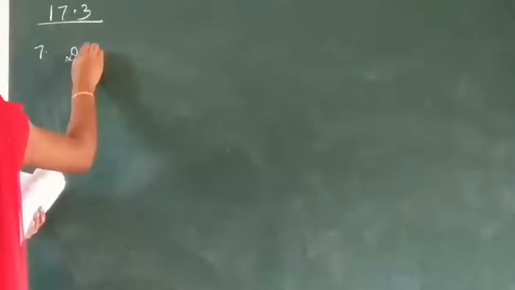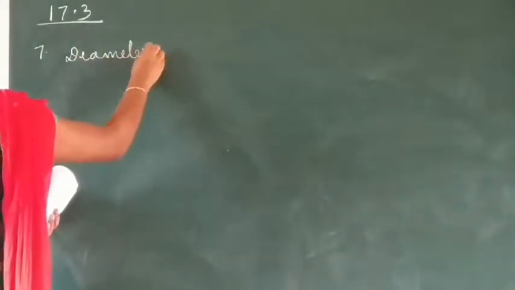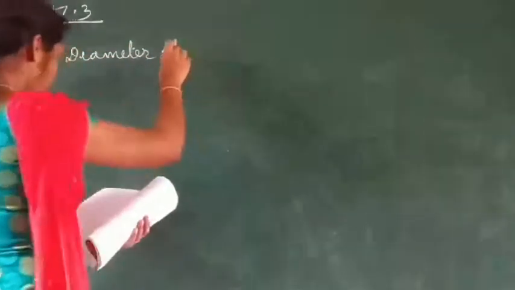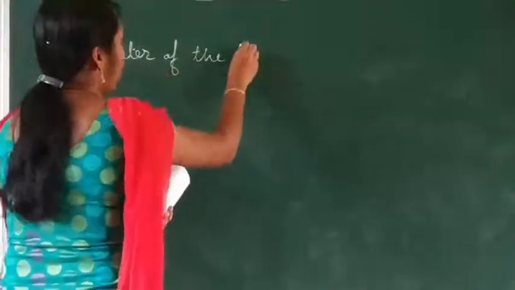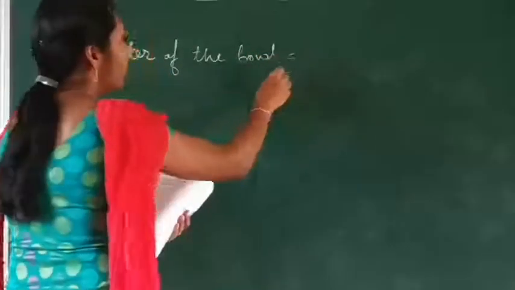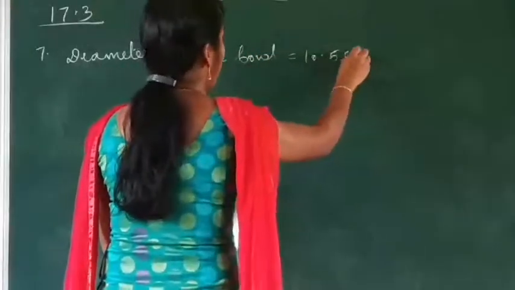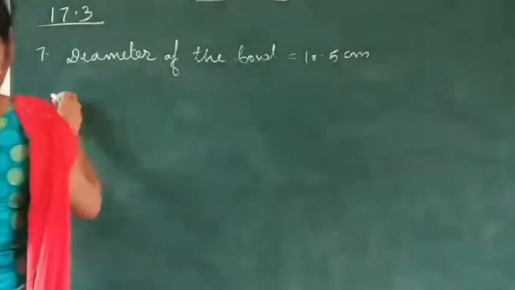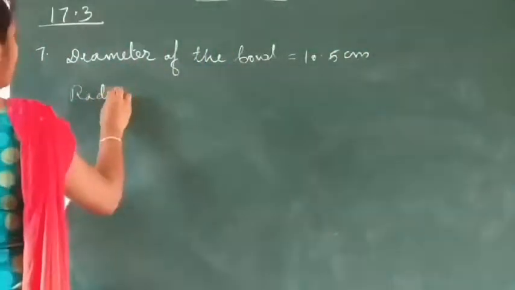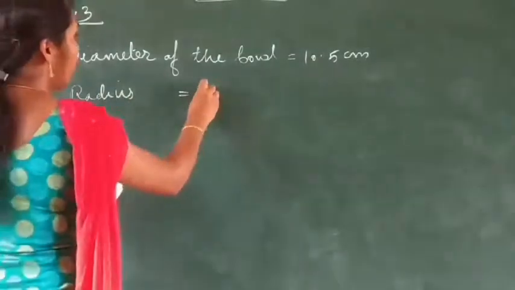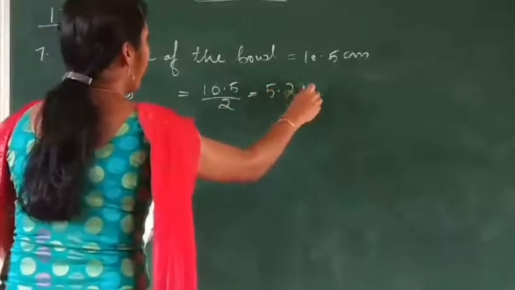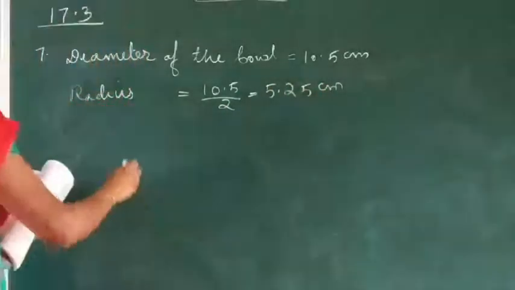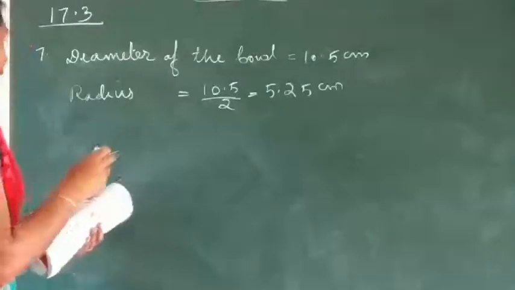So it is given the diameter of the brass bowl is equal to 10.5 centimeter. That means radius is equal to 10.5 divided by 2, that is equal to 5.25 centimeter. Now we can apply the formula for finding out the inner curved surface area.